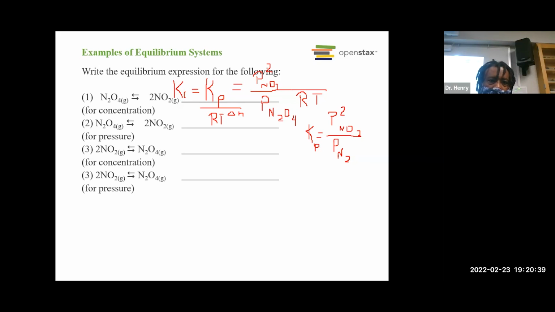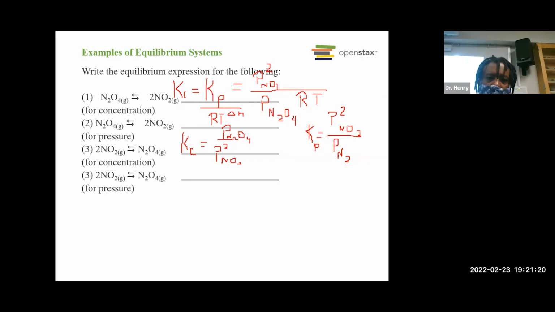Then this one is going to be Kc, equal to PNO2 squared over PN2O4, and you guys know that that's just defining what pressure it is.